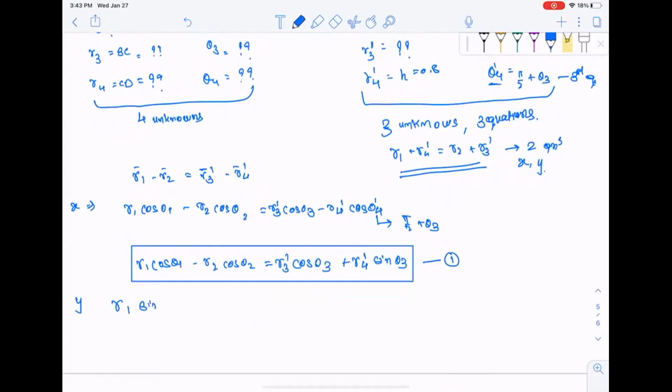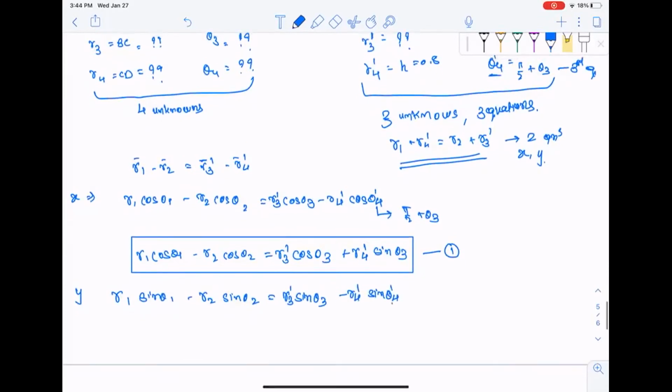Then I'm going to write my second equation, with the y direction: R1 sin theta 1 minus R2 sin theta 2 is equal to R3 dash sin theta 3 plus R4 dash sin theta 4 dash. Theta 4 dash is again pi by 2 plus theta 3.